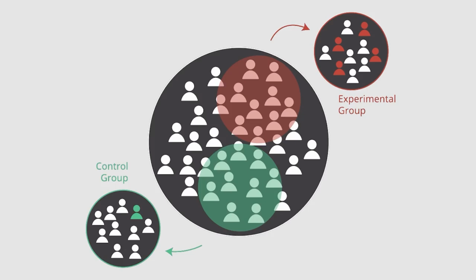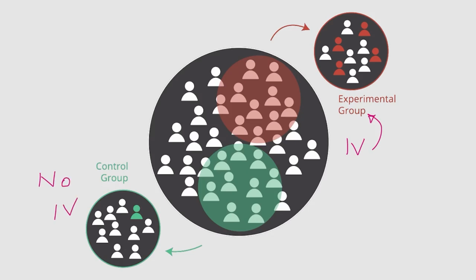So now the experimental group is the group that will receive all conditions of the independent variable. Independent variable is applied to the experimental group. On the other hand, the control group will not receive any form of the independent variable.